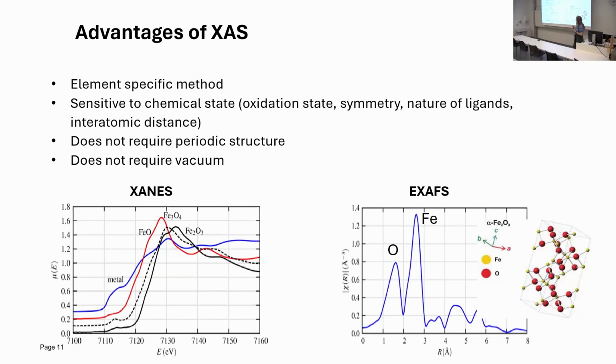It also does not require vacuum, which is an asset, because many chemical reactions go at very high pressure, well above atmospheric pressure. This is a great asset of this technique for catalytic studies.